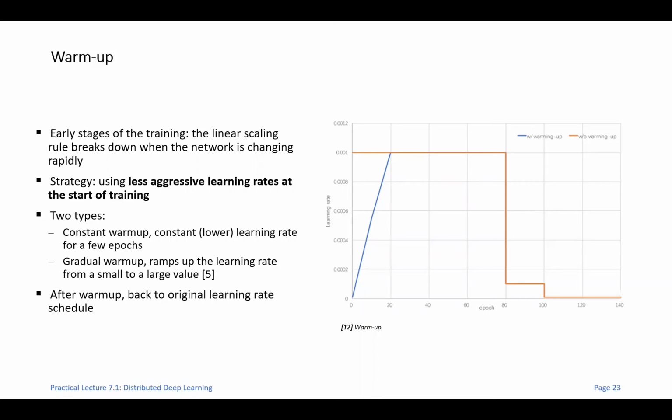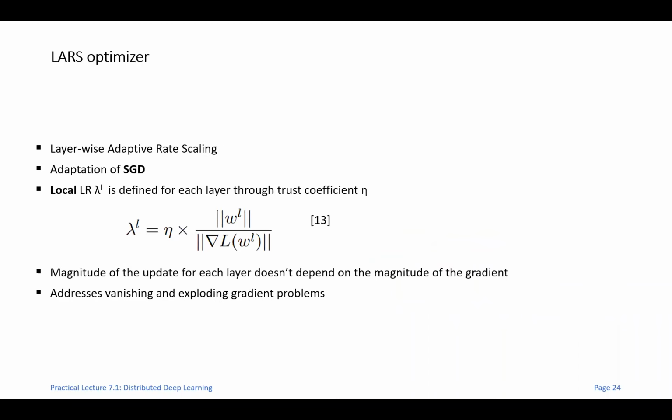For example, a step decay, an exponential decay, or whatever, or even keeping it the same. It depends really on the optimization schedule that you want to use. But the important thing to remember is that Warmup is using a smaller learning rate at the beginning.